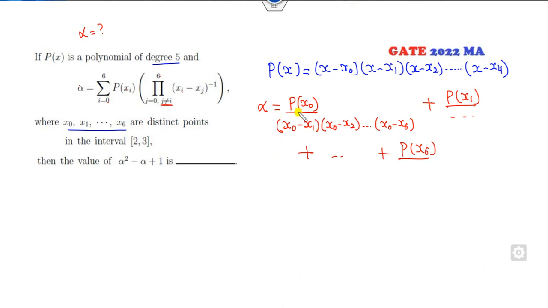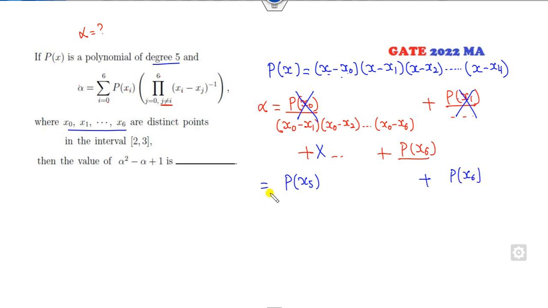Now what is p of x0? Can you find p of x0? x minus x0 is 0, so this part is 0. x1 is 0, x2 will be 0, x3 up to x4 will be 0. The only parts left are x5 and x6.